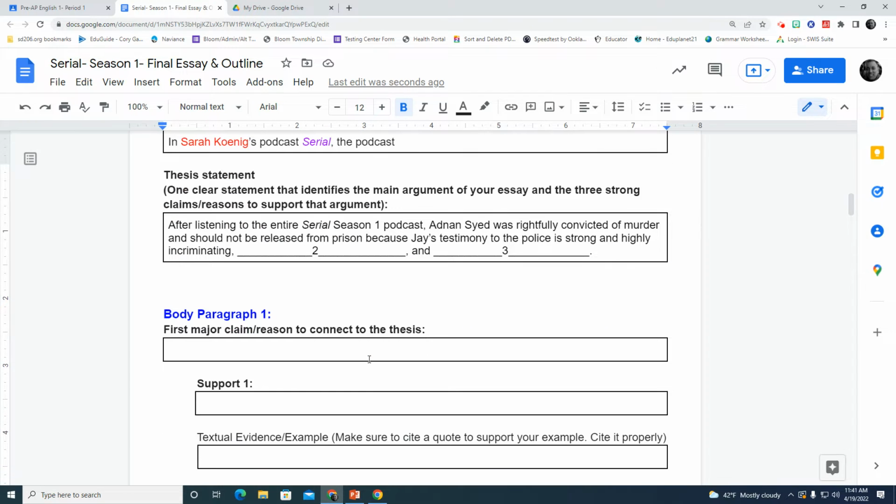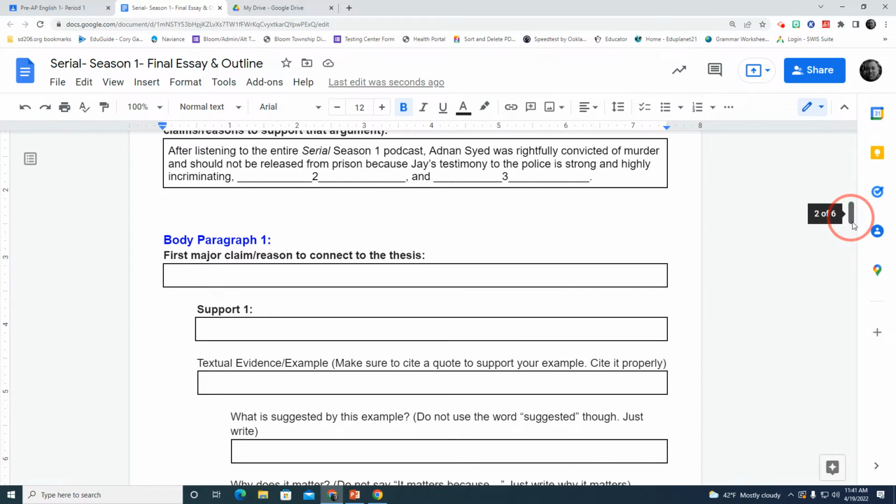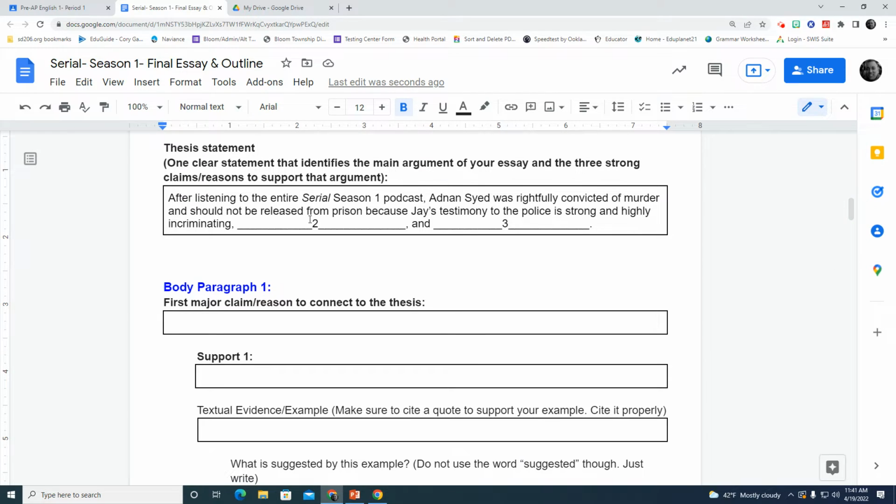So now we're going to talk about outlining your body paragraphs. Your body paragraphs simply argue each of your three main points from your thesis statement. So let's read my thesis statement. I have, after listening to the entire Serial Season 1 podcast, Adnan Syed was rightfully convicted of murder and should not be released from prison because Jay's testimony to the police is strong and highly incriminating.